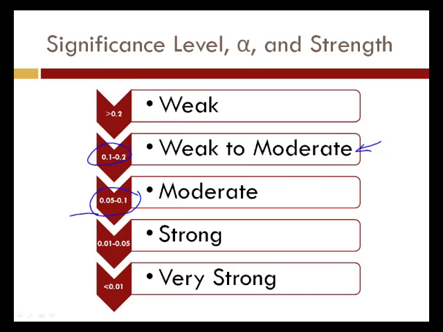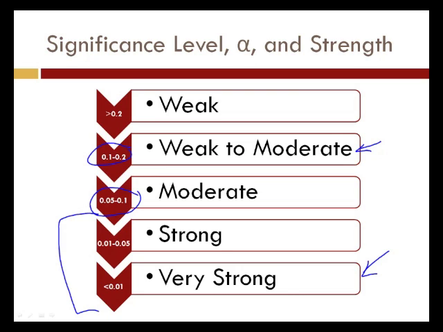Most of the time, though, people want either strong or very strong evidence against the null. So strong evidence against the null would be 1% to 5%, or 0.01 to 0.05. That's considered strong, and then very strong is anything that's less than 0.01.